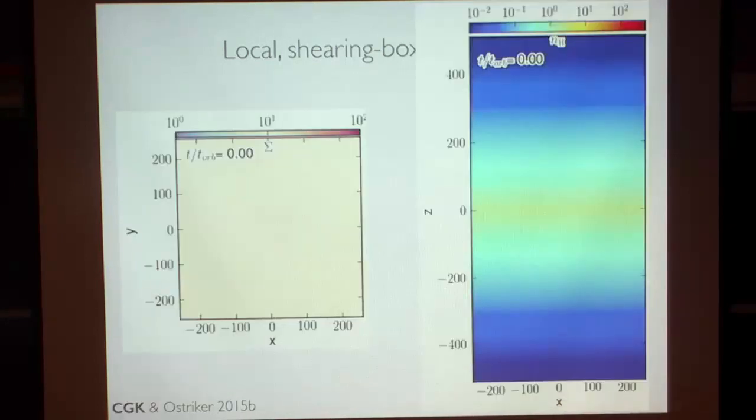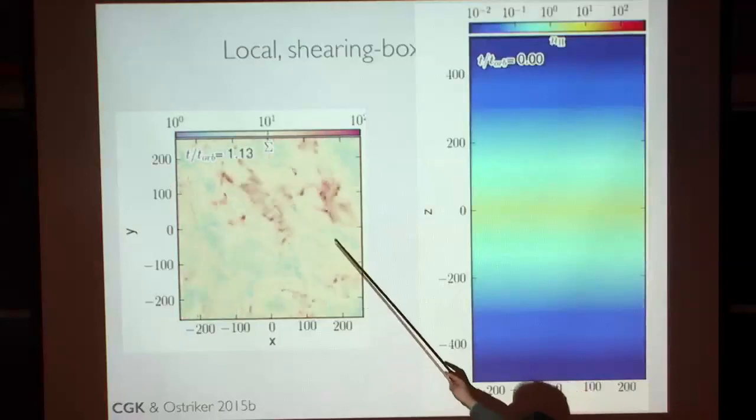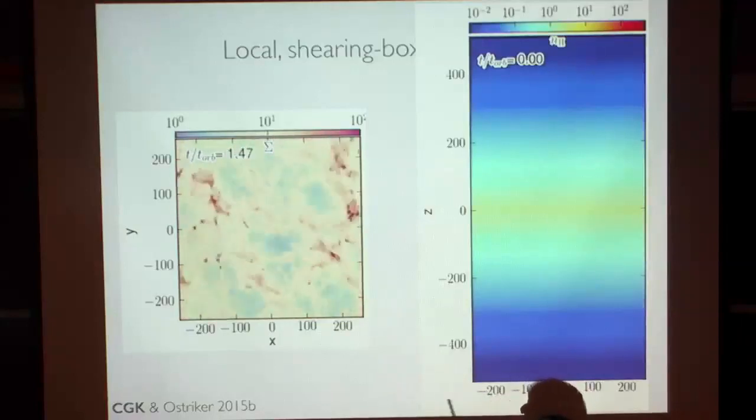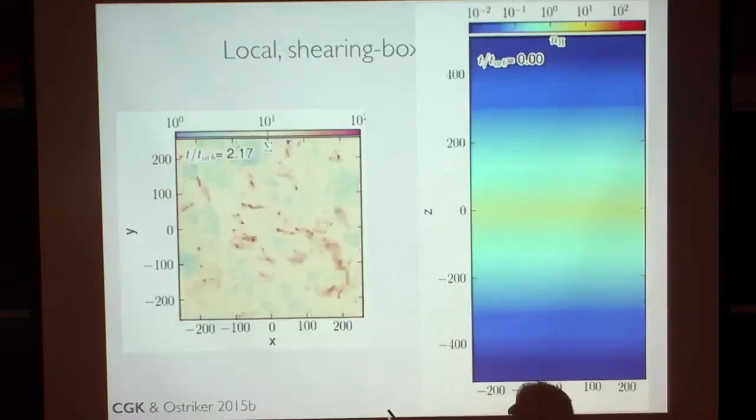So this is a typical evolution movie that I will show you. Let me first show you this surface density evolution. Okay, so these red things are high density regions, and the blue things are low density regions.